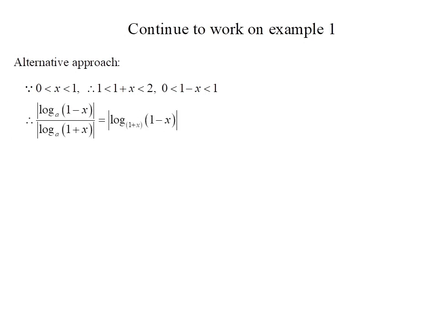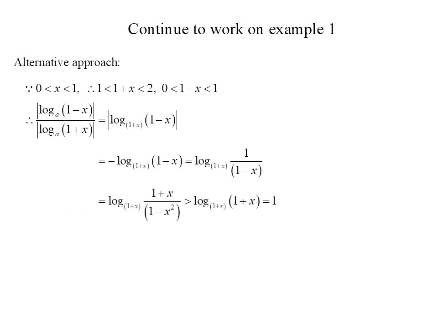Hence, the quotient of the modulus of logarithm base a of 1 minus x to the modulus of logarithm base a of 1 plus x equals the modulus of logarithm base 1 plus x of 1 minus x, which equals negative logarithm base 1 plus x of 1 minus x.